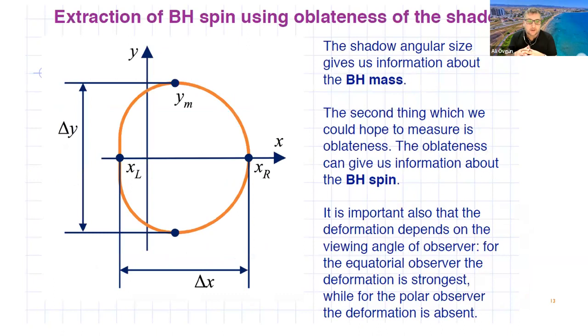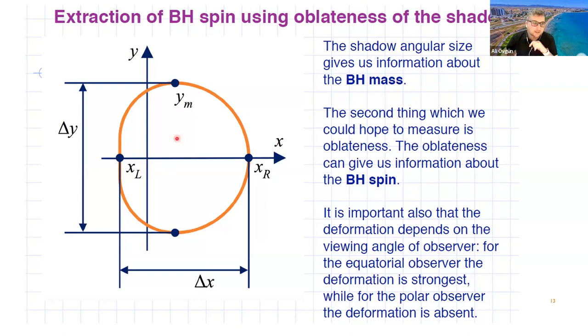But if you go to rotating black holes, how can you estimate the other parameters? Extraction of black hole spin using the oblateness of the shadow. The shadow angular size gives us information about the black hole mass, but the second thing we could hope to measure is the oblateness, and the oblateness can give us information about the black hole spin.